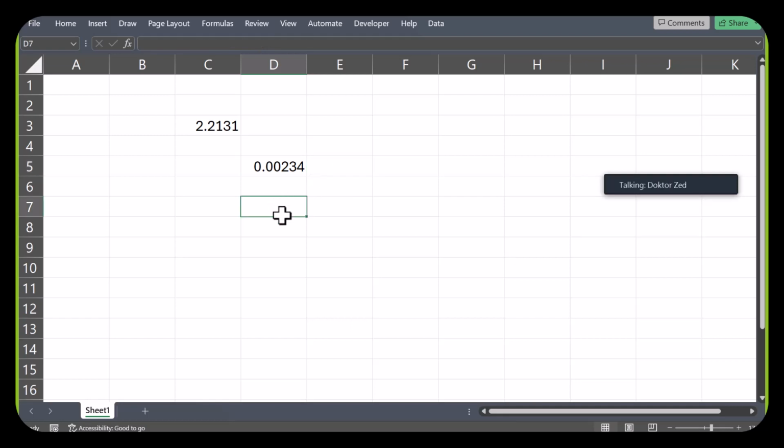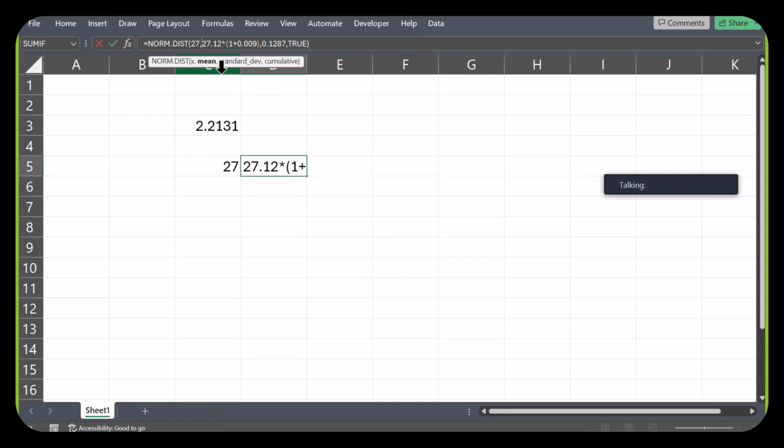In order to get the result to be 20%, let's do this. This is the strike. And you would do Goal Seek.